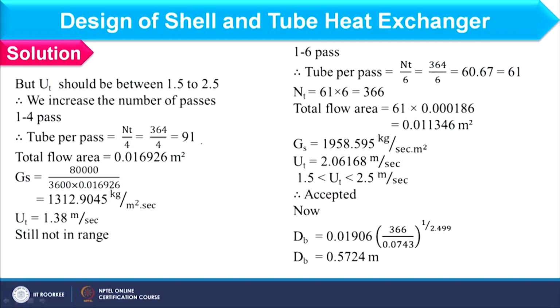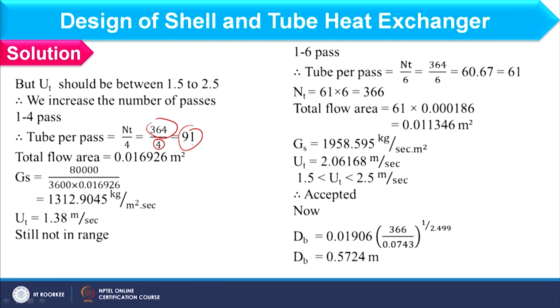So whether it is 1-2 pass, 1-4, 1-6, 1-8, whatever you take, the total tube passes can be up to 16 passes. So here, considering 1-4 pass, we will consider the same LMTD value and the same area. And we have the number of tubes as 364, which is divisible by 4.